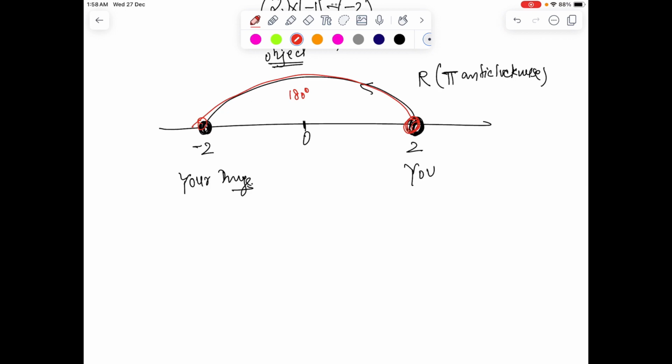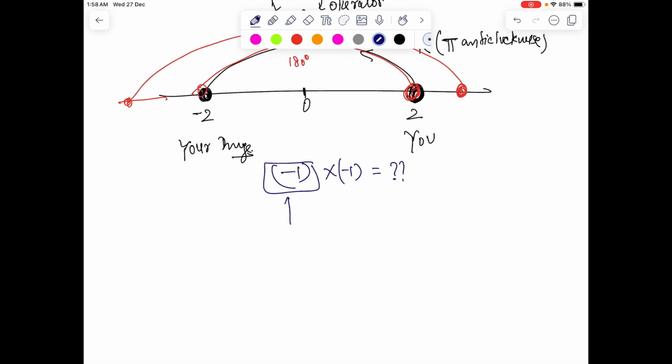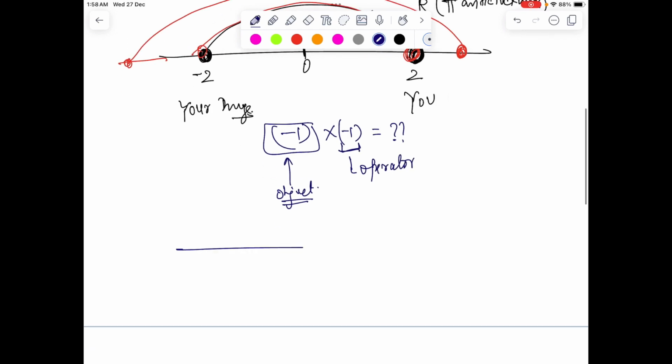Okay, let's ask a similar question. If you have 3 into minus 1, it's basically 3 rotated by 180 degree in anti-clockwise sense, and so on and so forth. What if we have minus 1 into minus 1? Again, if I look upon minus 1 as an object and the other minus 1 as an operator, now you are taking minus 1 and this object is rotated again in the anti-clockwise sense by 180 degree.